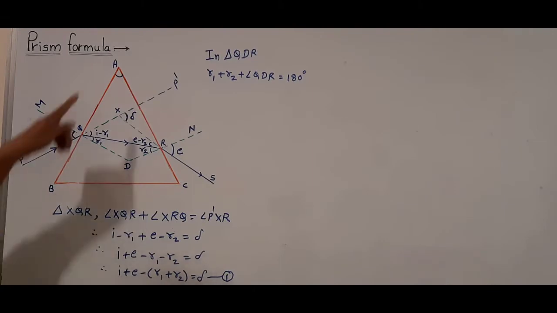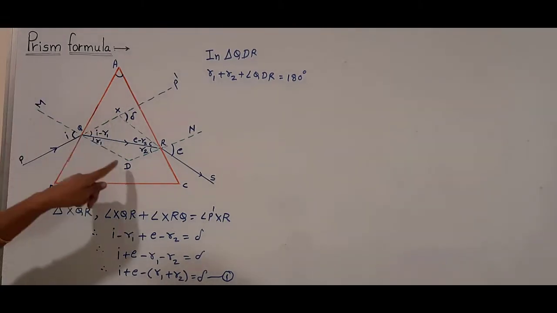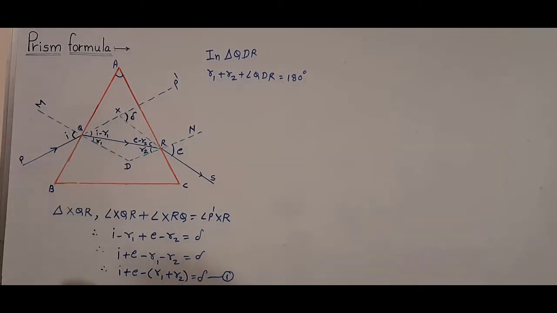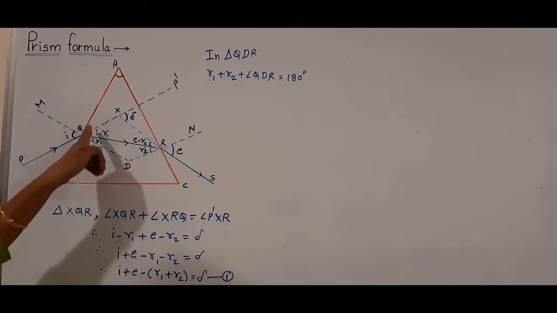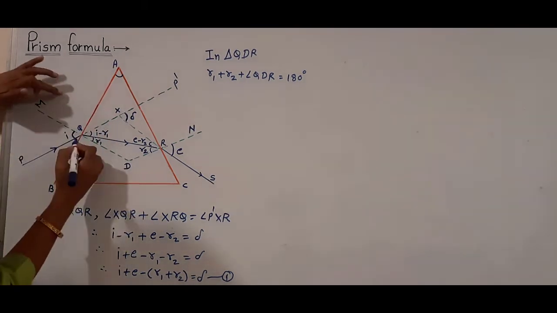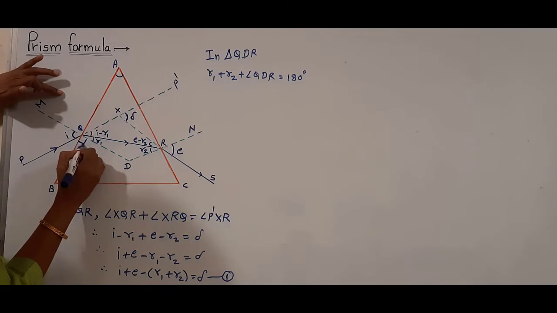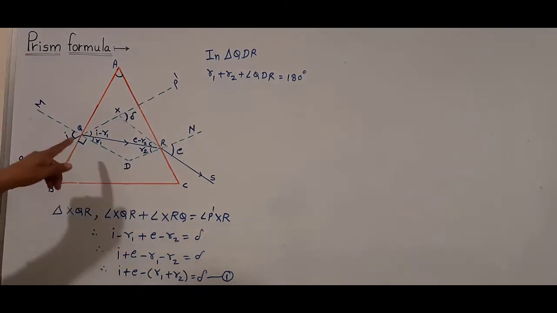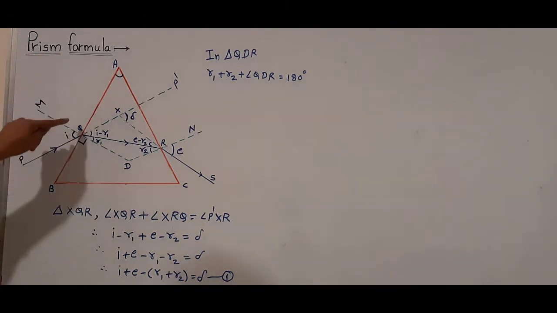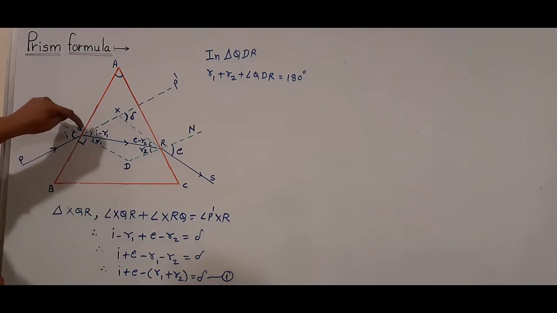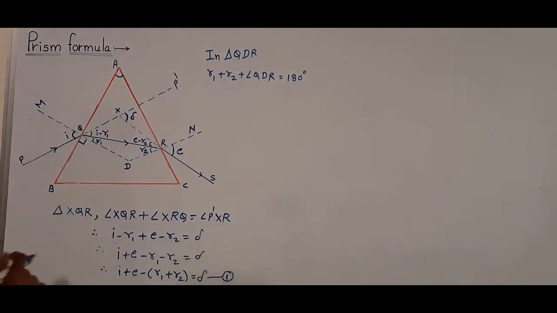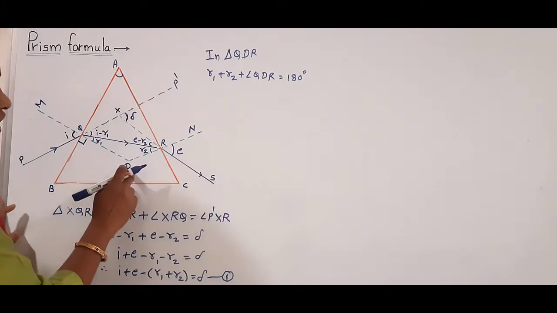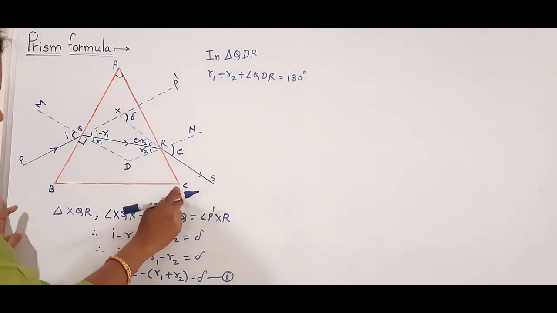Now consider MN is normal to AB. Therefore, this is perpendicular. Means at this point angle AQD is 90 degrees. Similar way, ND is normal to the face AC.